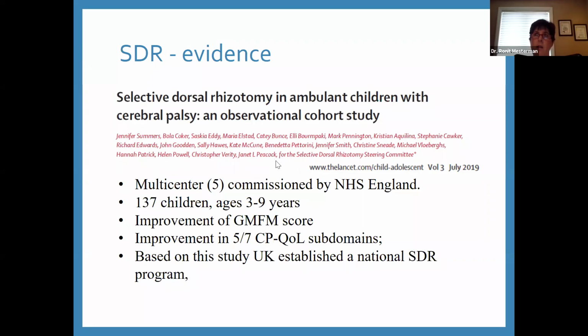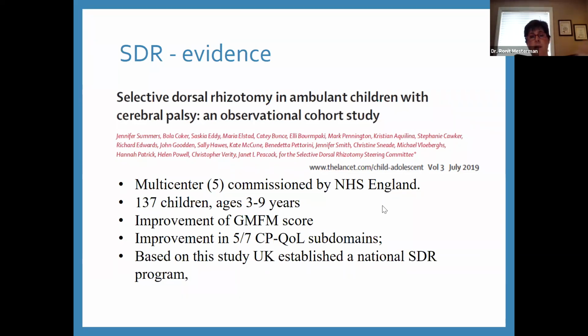And we have to say that because, as the word says, it's selective, so only a certain amount of dorsal roots are cut. There is a high inter-surgical difference. So it's hard also to compare centers. So this paper that was published quite recently was actually commissioned by the NHS in England.